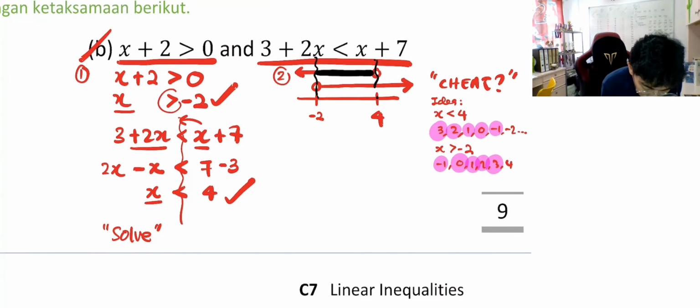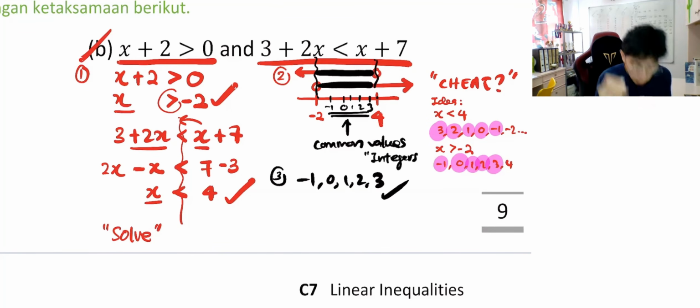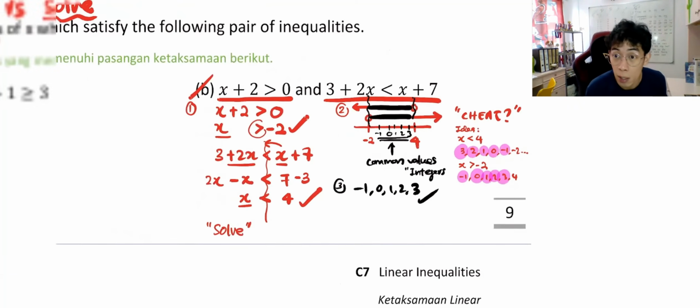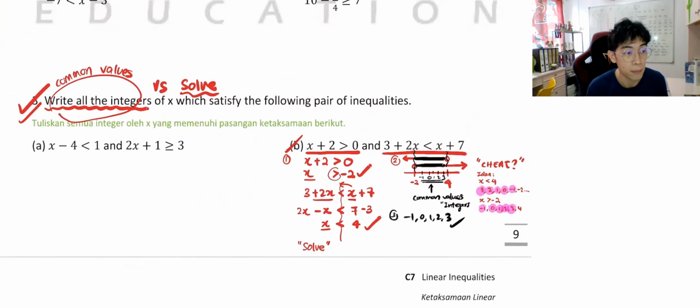This is where they give you the common values or the integers. So now you can read your number 3 already. You have your -1, 0, 1, 2, and 3. So take this answer. Then done already. Understand or not?